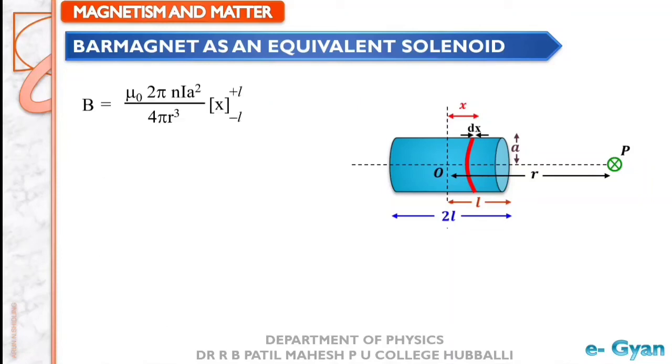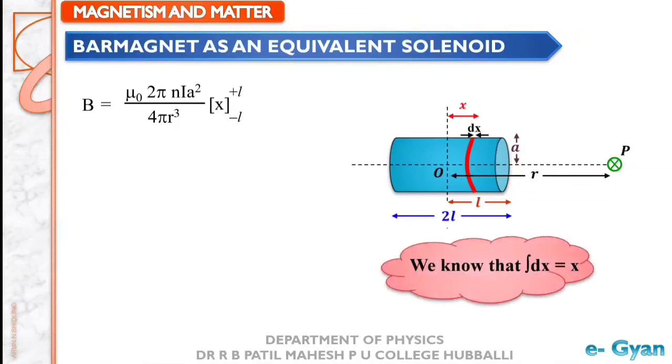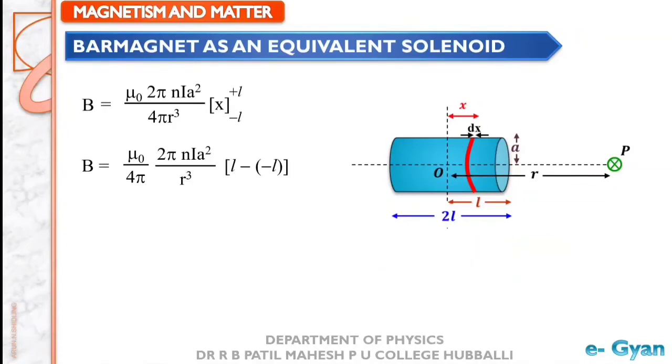Moving to the next step, here we have to substitute the limits. Here the upper limit is plus L minus the lower limit which is minus L. Further, the next step comes out to be mu naught divided by 4 pi 2 pi n I a square divided by r cube into 2L.